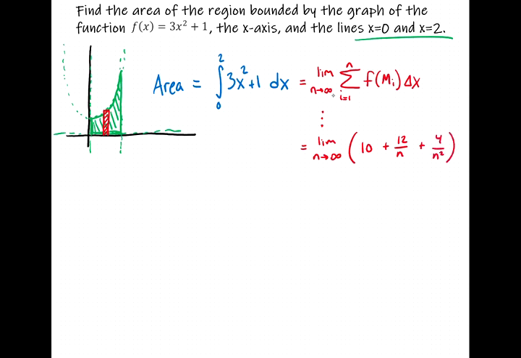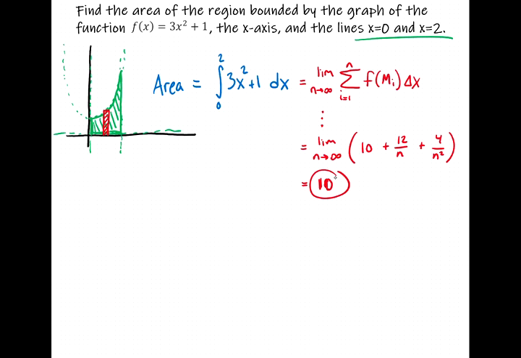If you want to connect the dots here, you'd have to watch my other video where I use the limits of sums, or the Riemann sums, to solve this. If we take the limit as n goes to infinity, the second term goes to 0, the third term goes to 0, and we got 10 square units.